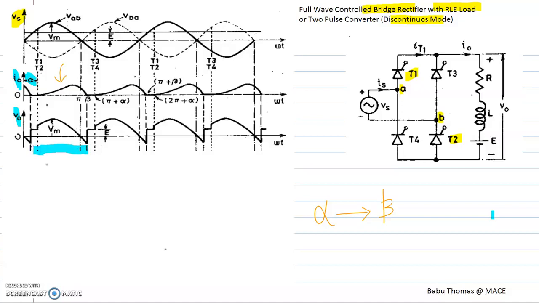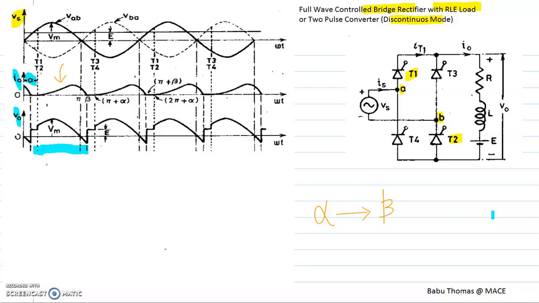That is, from alpha to beta, the output voltage V0 will be following the curve of your source voltage Vs. And why it is conducting in the negative direction, we have already discussed. Because of the inductive load, the current is not reaching zero or below the holding current, and therefore the thyristors T1 and T2 remain in conduction, and will get commutated only when the load current comes to zero.